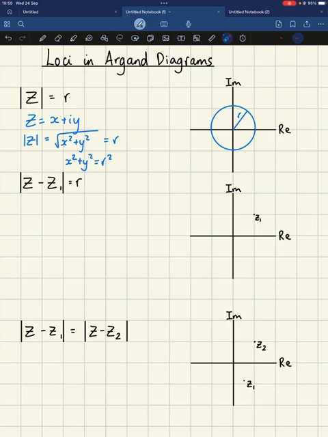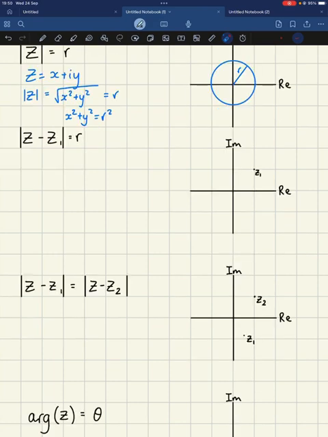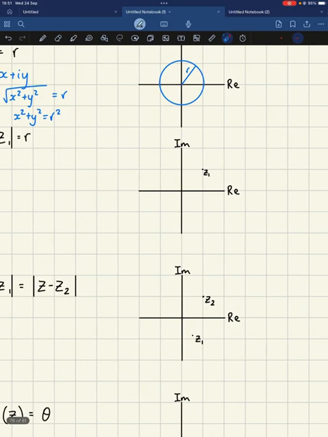So, what is this saying? Let's say z was over here. So what is z minus z1? Well, if we draw lines from the origin, this is z1, like a vector, and that's the vector z. Well, z minus z1 is minus z1 plus z.